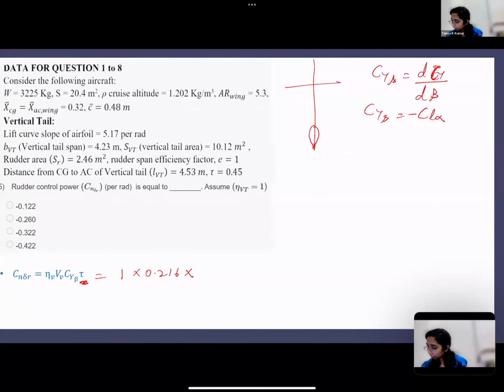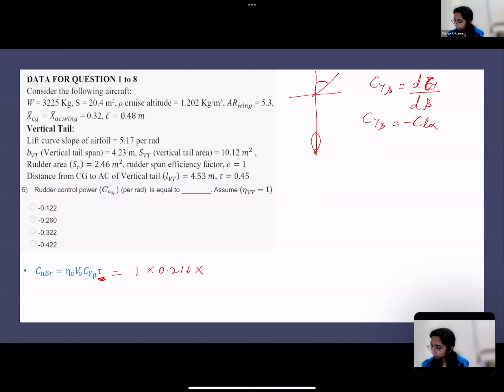So positive beta will produce negative Fy. So it is the negative lift curve slope. This is not equal, I'm saying it's something analogous. Something analogous to the lift curve slope. So it's just the negative of the lift curve slope.